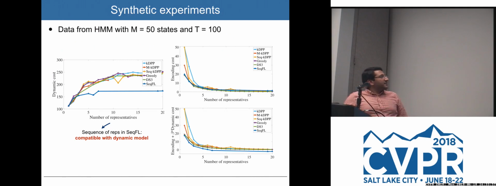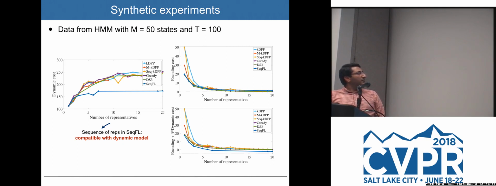This is a synthetic example that shows the performance of the method. We generated data from a hidden Markov model that has 50 states, and in this case, hundreds of samples. This looks at the dynamic cost, which is the dynamic compatibility term that I talked about, and ideally this should be lower.